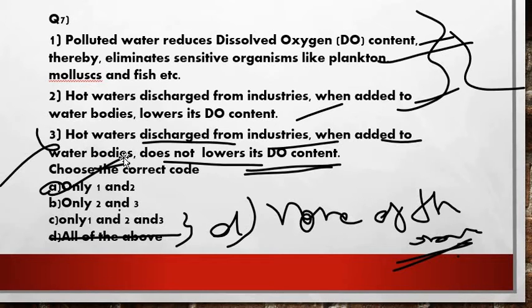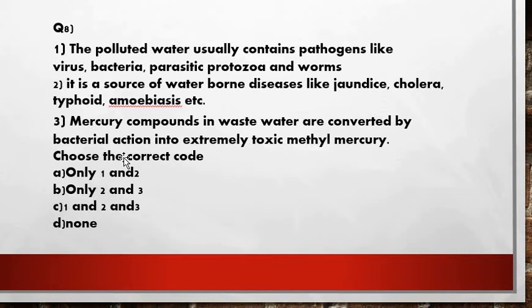Next we move further to the 8th question, that is: polluted water usually contains pathogens like viruses, bacteria, parasitic protozoa and worms. Second statement says it is a source of waterborne diseases like jaundice, cholera, typhoid, amoebiasis, etc. Third statement says mercury compounds in wastewater are converted by bacterial action into extremely toxic methyl mercury.